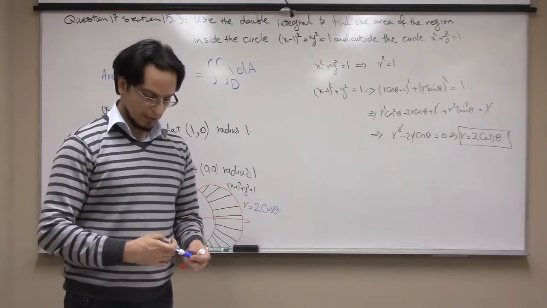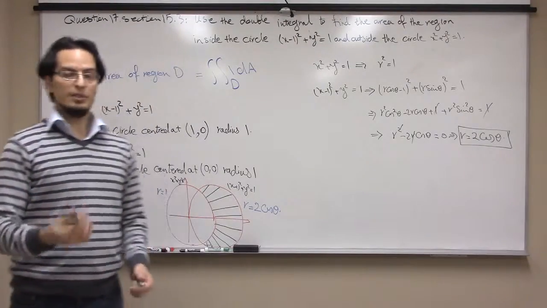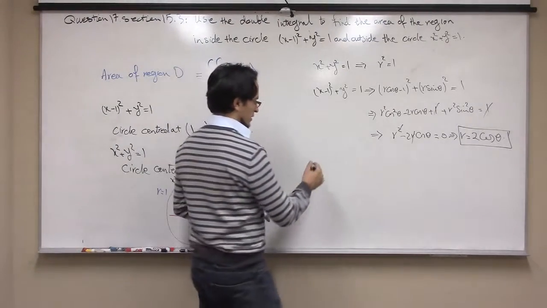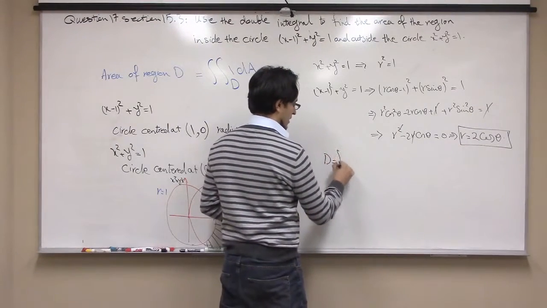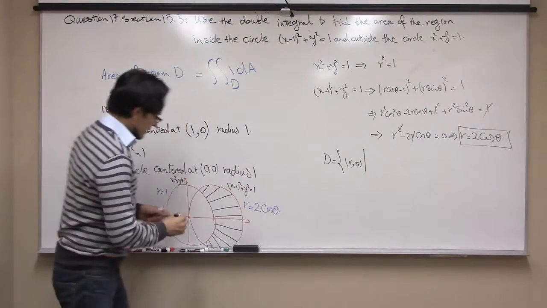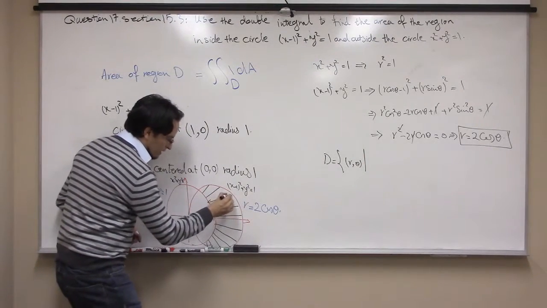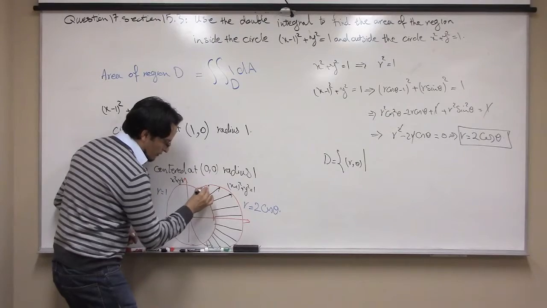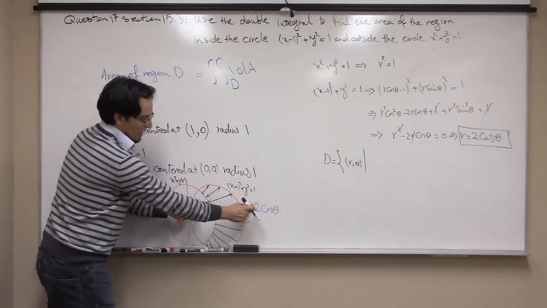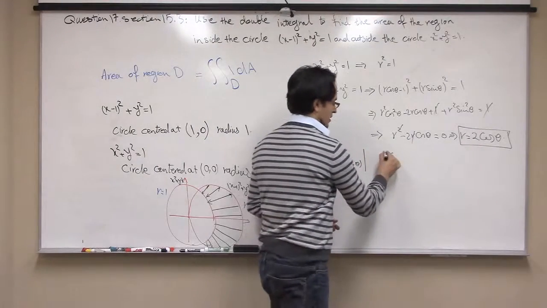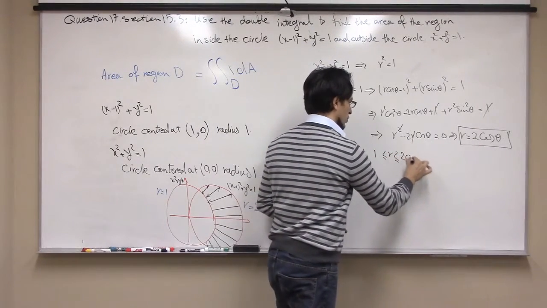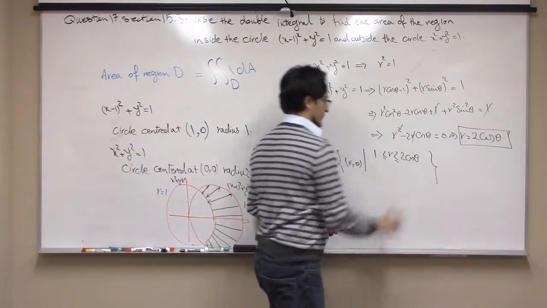Okay, now if I want to write my region outside this, inside that, in polar coordinates, the D is all r, thetas. I can see that the variable r goes from this, which is 1, to that. So r is going to be from 1 to 2 cosine theta.